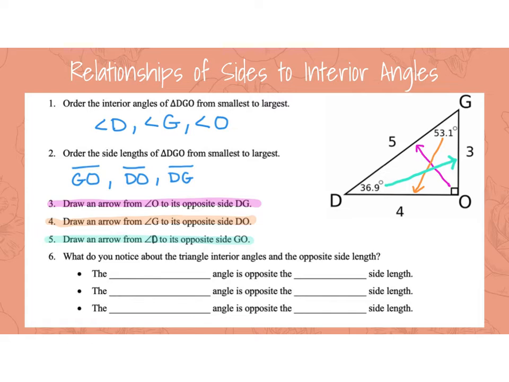Looking at our triangle on the right, we notice that the smallest angle, D, is opposite the shortest side length.